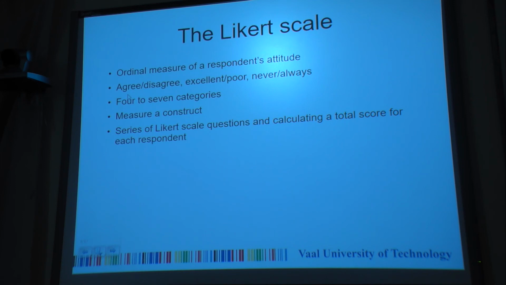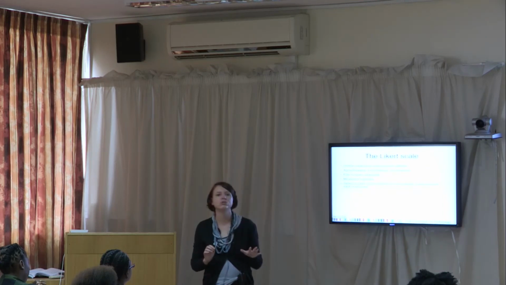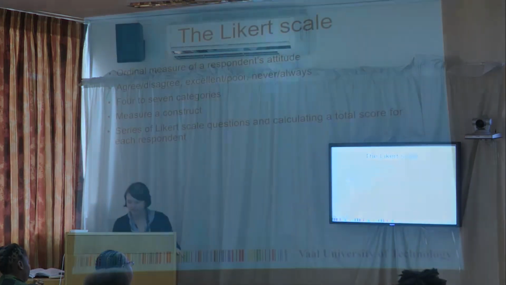I either strongly agree, I agree, or I neither agree nor disagree, I disagree or I strongly disagree. That is a 5-point Likert scale, and you need to rate your feeling on that scale. How positive are you towards VUT? So that is the Likert scale. It can also be on a 7-point scale.